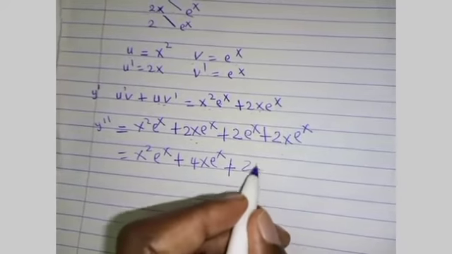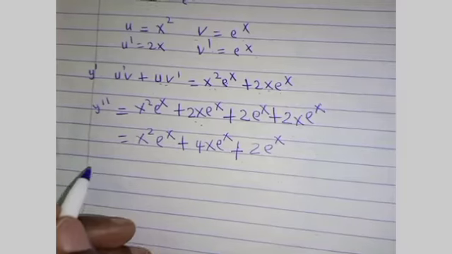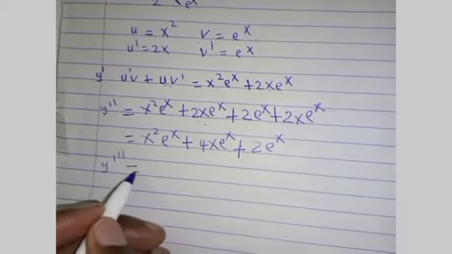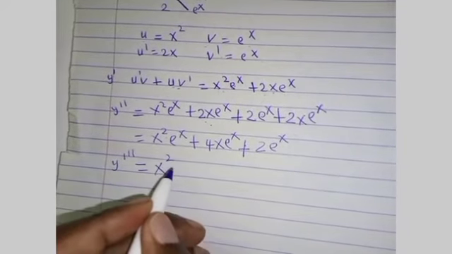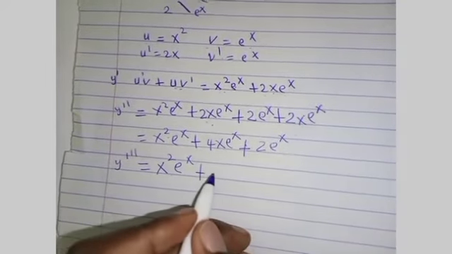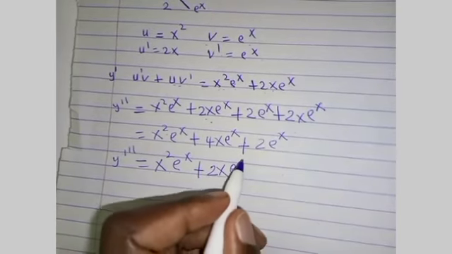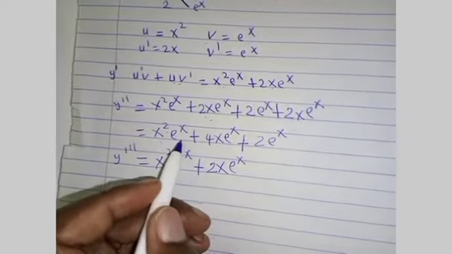So we differentiate this. y triple prime, by product rule, we are going to get x squared exponential x plus 2x exponential x. We keep this constant and differentiate the second.